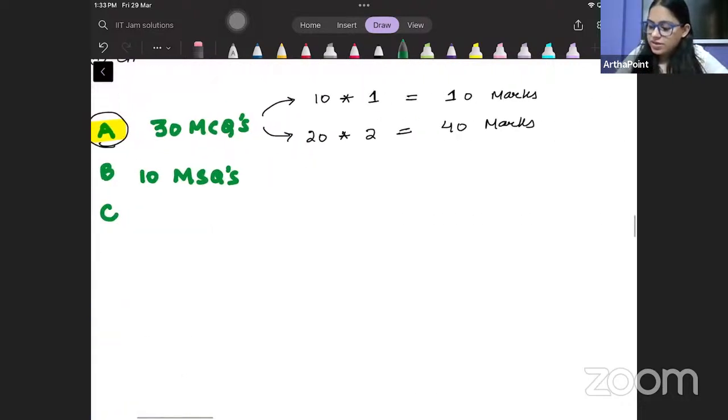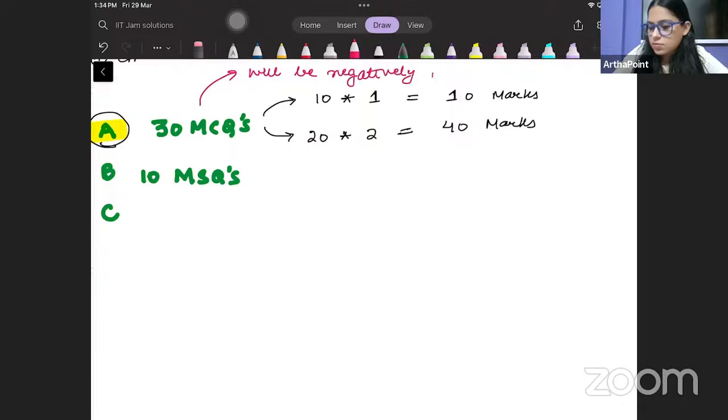यहाँ पे let me write this down. There will be negative marking. In MSQ, there will be multiple select question.